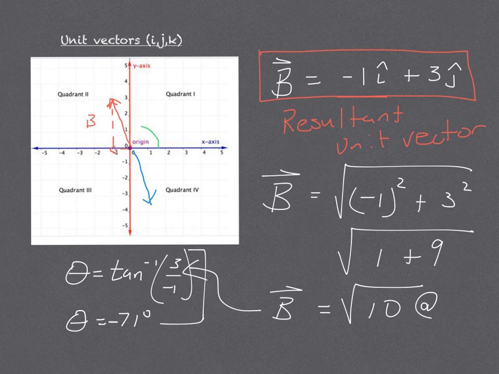We have to figure out that angle with respect to 0. Right? Or we can look at it this way and subtract 71 from 180. Okay, so we get 109, right? So that would be the direction for that vector.